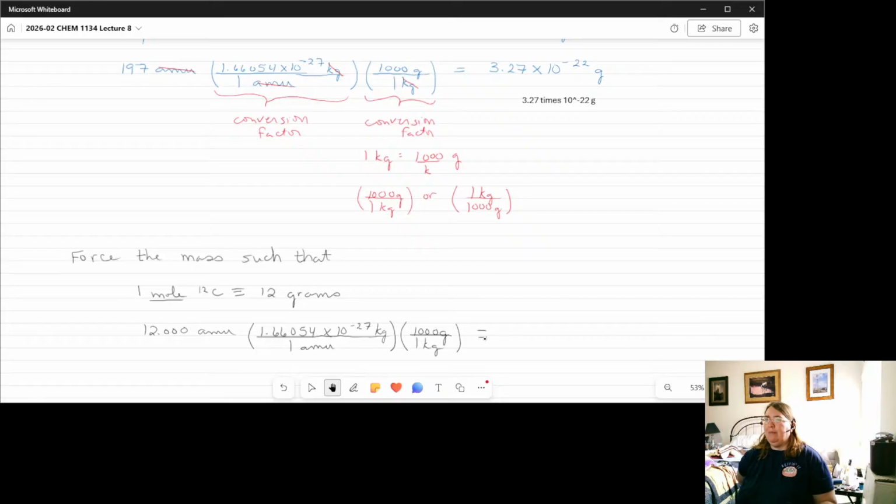So that means for 1 mole, we get 12 AMU of carbon.